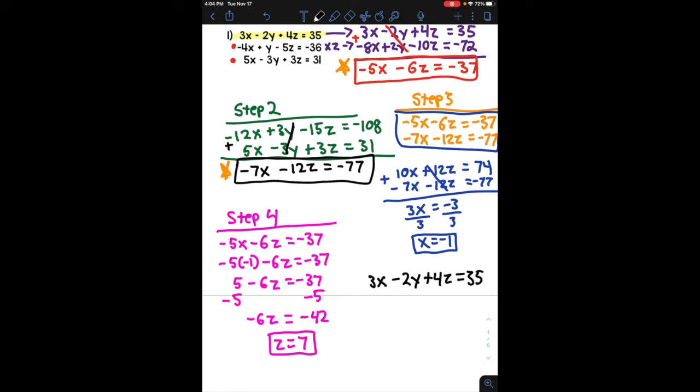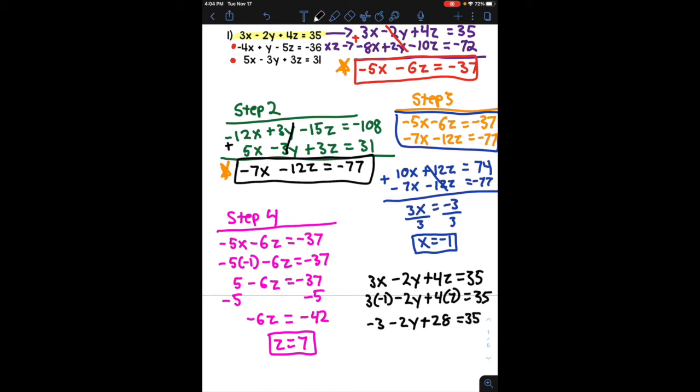If x is negative 1, it would be 3 times negative 1 minus 2 times y, which is what we're looking for, plus 4 times 7, since I found out that z was 7. 3 times negative 1 is negative 3, minus 2y plus 28 is 35.